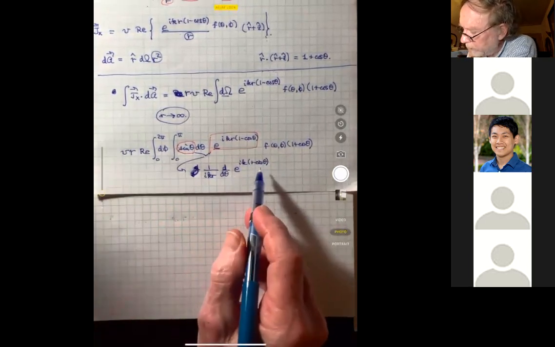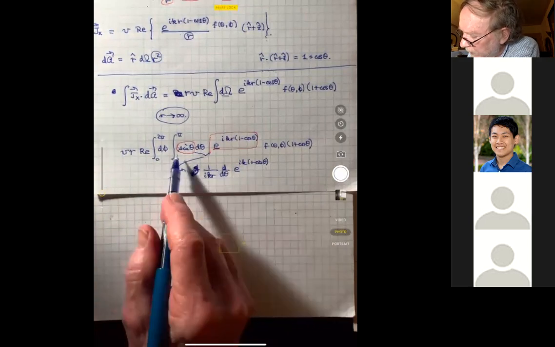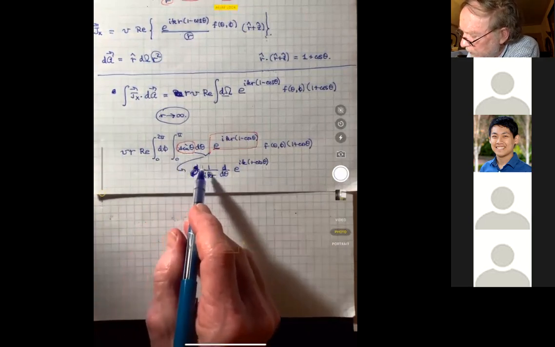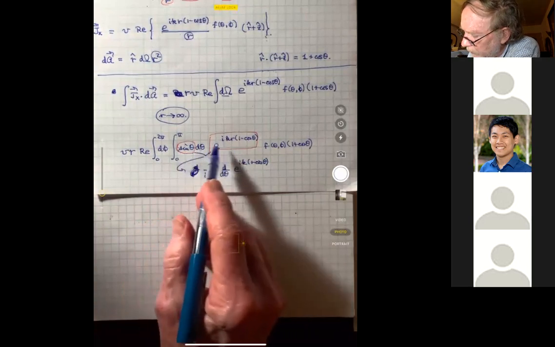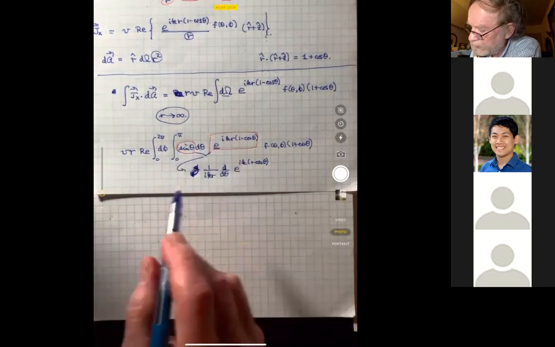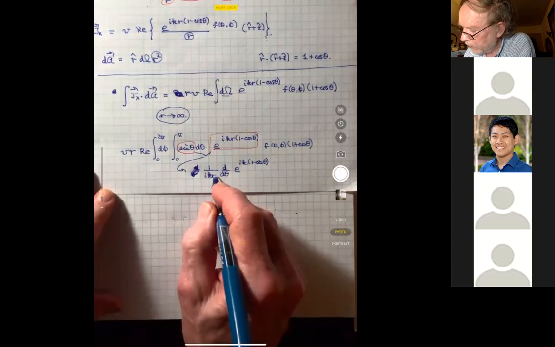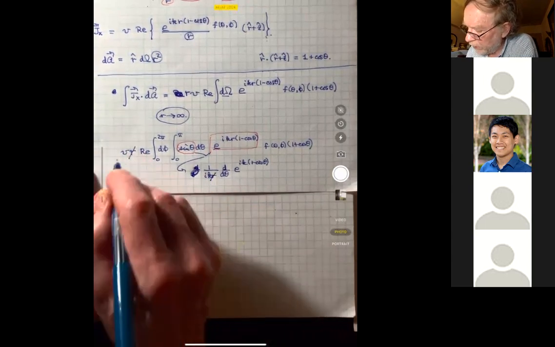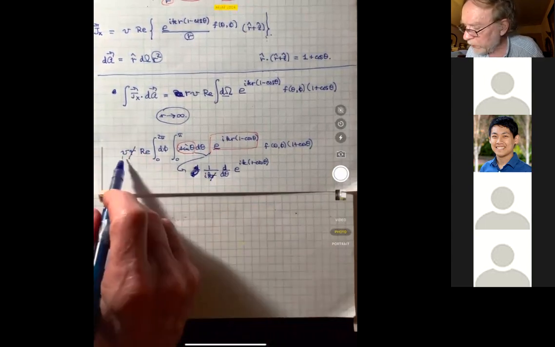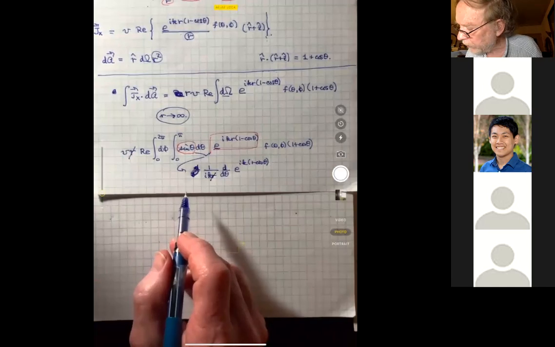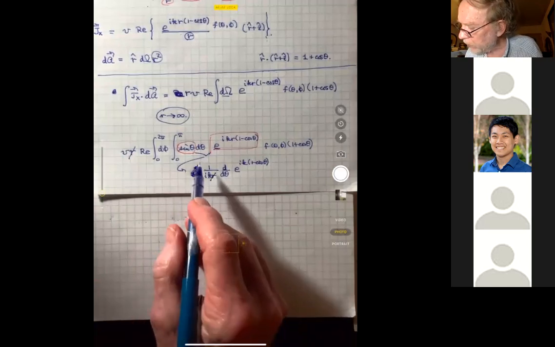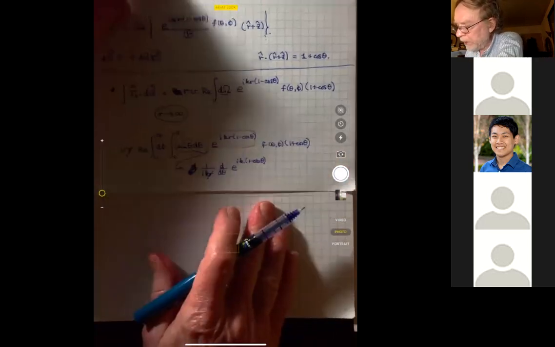Just by the chain rule, the derivative of minus cosine theta gives us a sine theta there. So these two red circle terms can be replaced by this. Now, if we do this, the r in the denominator there will cancel the r in the numerator. So that gets rid of this leading factor of r, which was annoying for us. And then as far as the rest of it is concerned, we can integrate by parts.